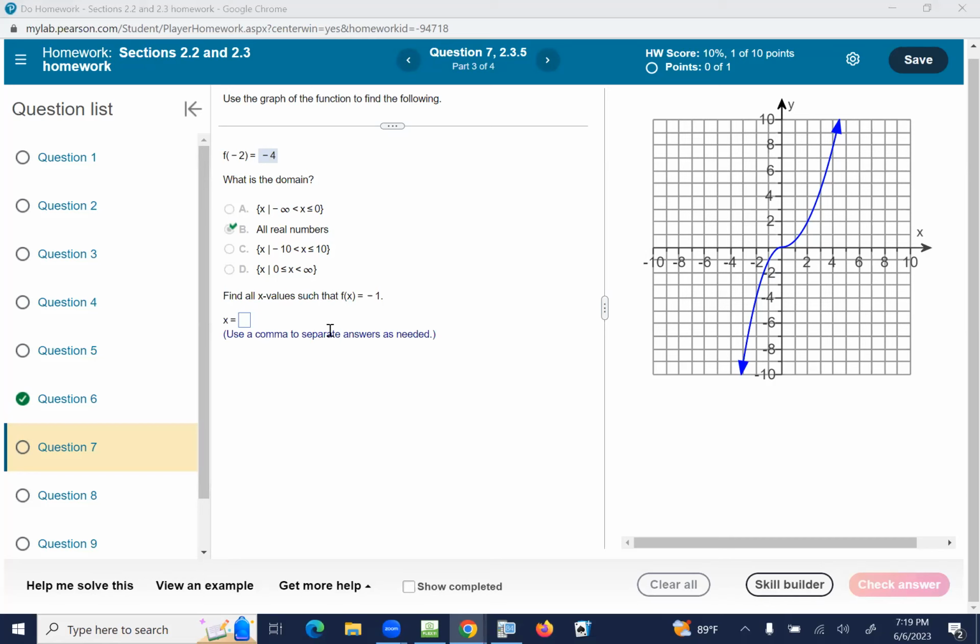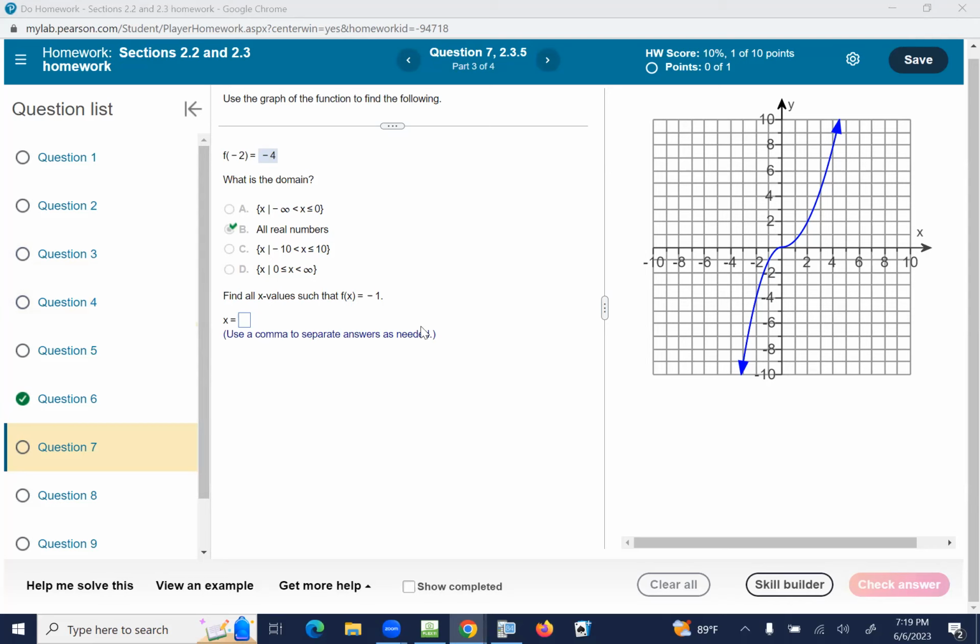Now, y'all, let me pull my chat over a little bit. So, which x values such that f of x equals -1? So what x values have a y value of -1?